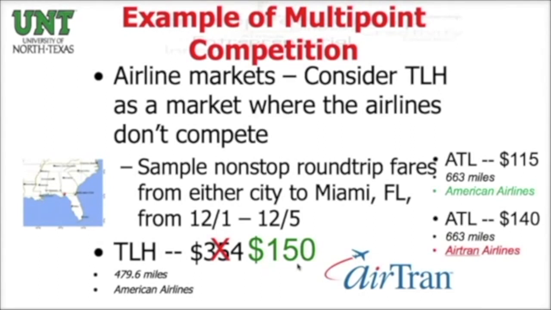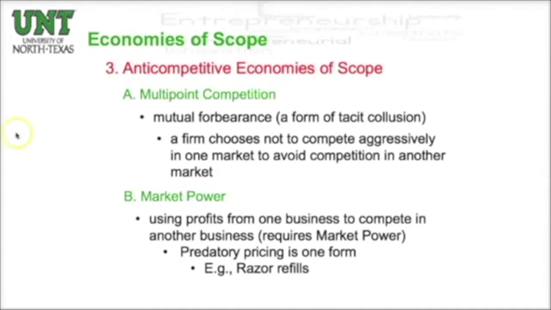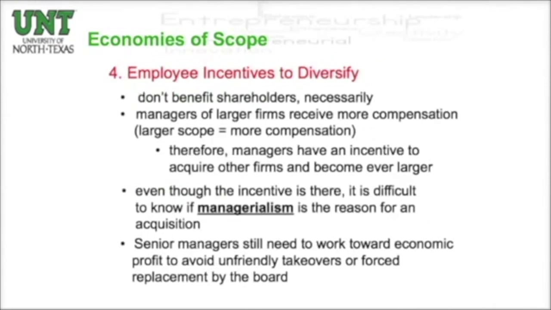It was up to about $400. Initially it was $354, went down to $150 to drive out AirTran. Then it went back to $400. So American was punishing AirTran for competing in a market where they had implicitly agreed not to aggressively compete.